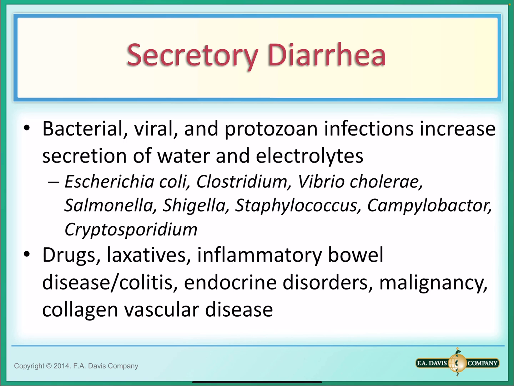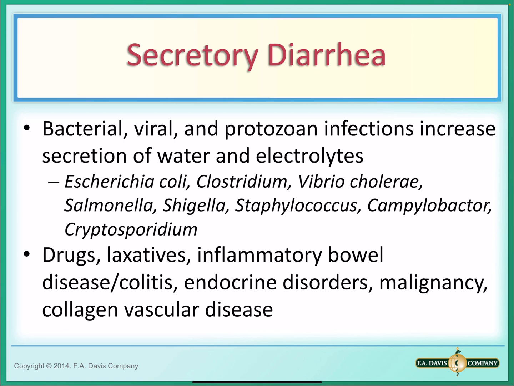Enterotoxin-producing organisms such as Escherichia coli, Clostridium, Vibrio cholerae, Salmonella, Shigella, Staphylococcus, Campylobacter, different types of protozoa and parasites such as Cryptosporidium can all stimulate the secretions of water and electrolytes.